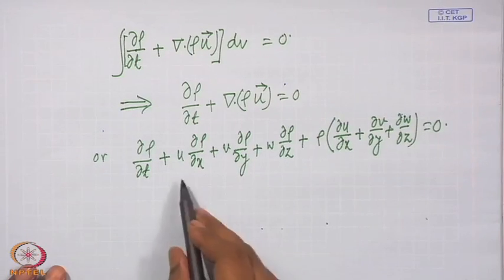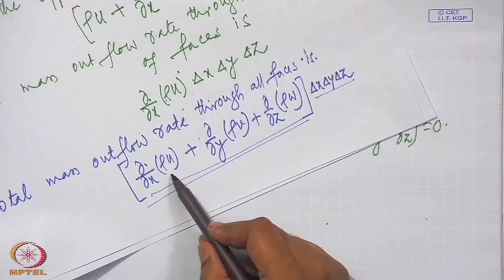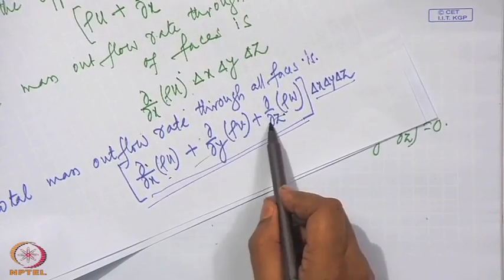Okay. This is the expanded form of the divergence of rho u, which is quite straightforward, if you remember that this is what is divergence of rho u from here.